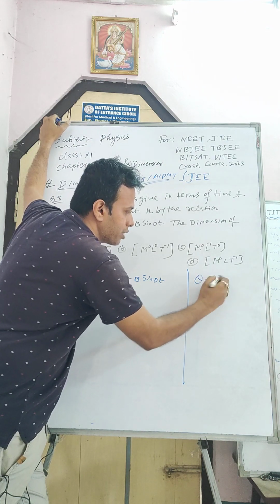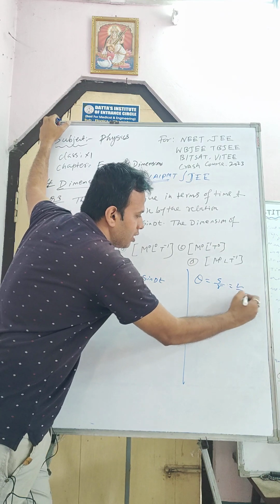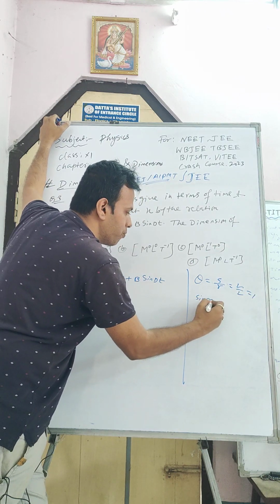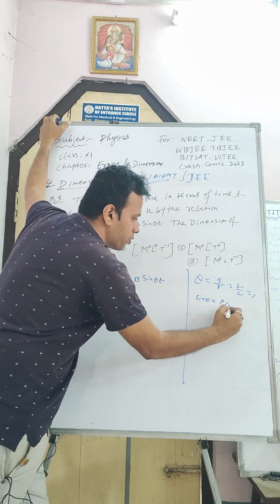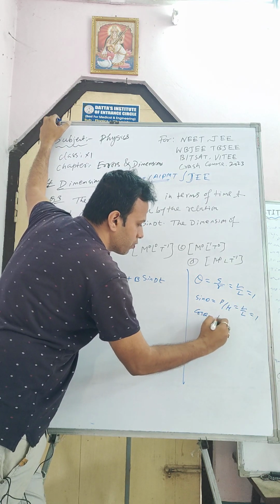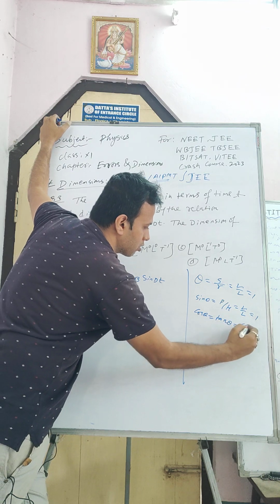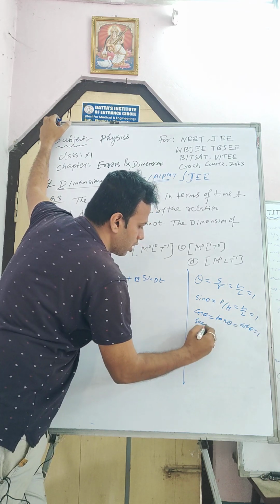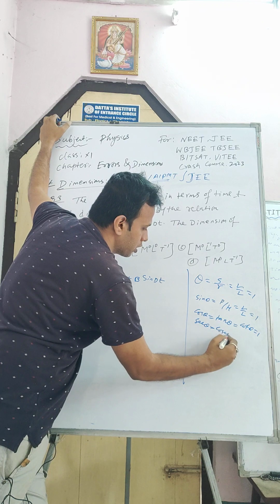Why? Theta is s by r, so l by l it will be 1, and sin theta is perpendicular by hypotenuse, length by length, so it will be 1. Similarly cos theta, tan theta, cot theta, sec theta and cosec theta are also 1.